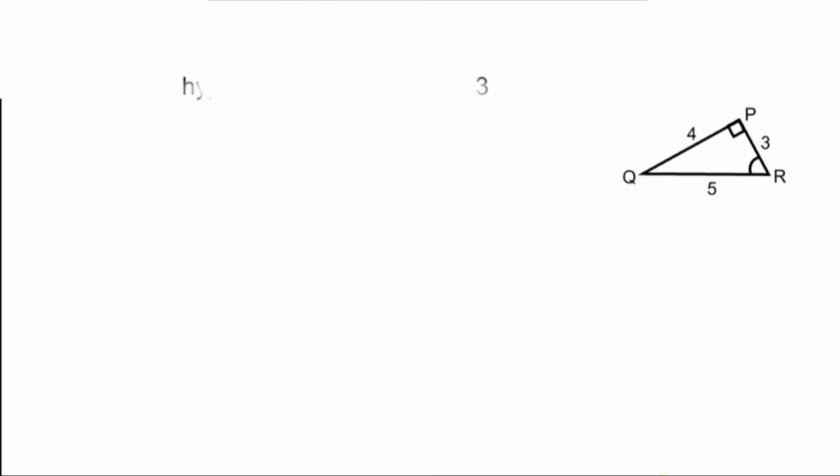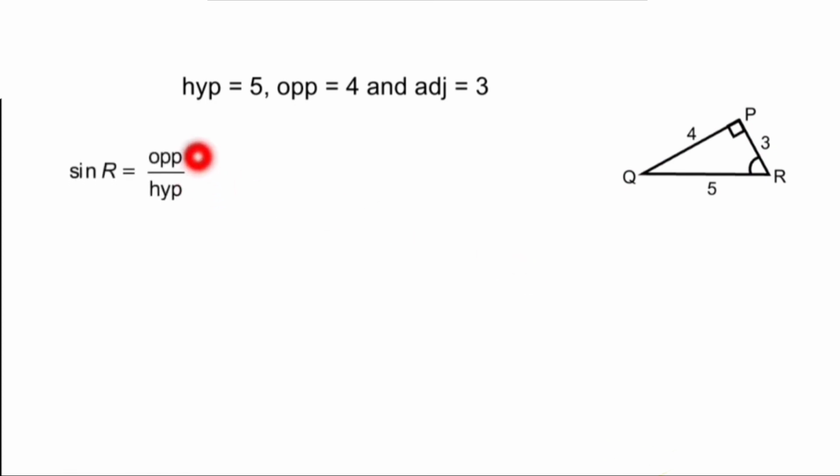Next, children, now let us find the values of all the trigonometric ratios with respect to an acute angle r by using the definitions. Children, sine is defined as opposite side by hypotenuse. So sine r is equal to 4 by 5.